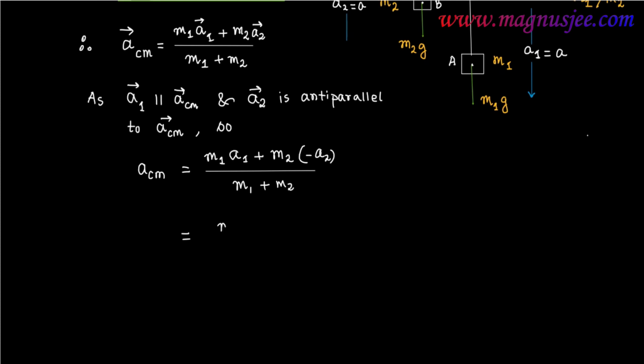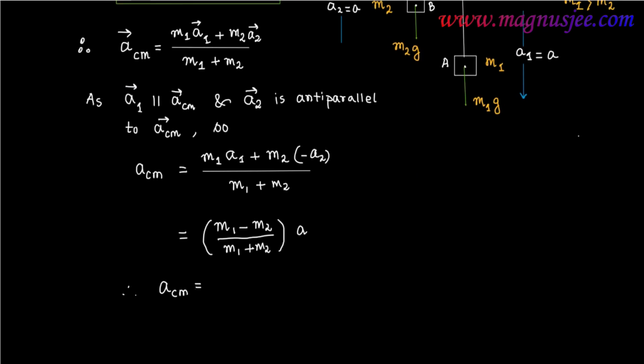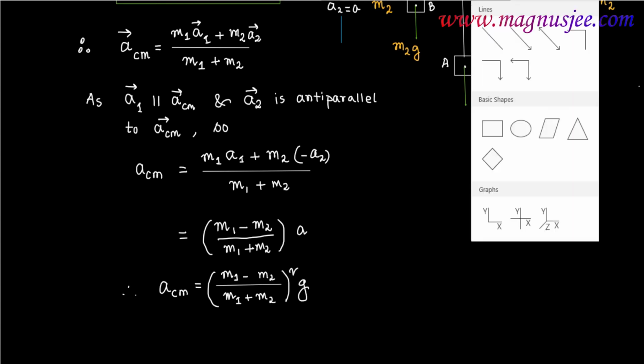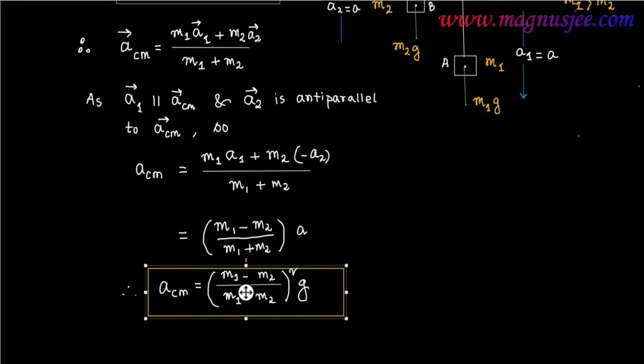Now putting the expression of A1 and A2, we finally get M1 minus M2 divided by M1 plus M2, into A. Now putting the expression of common acceleration A, we get ACM equal to (M1 minus M2 divided by M1 plus M2) whole squared, into g. That is the acceleration of the center of mass of a system in which two blocks are tied to two ends of a string which passes over a pulley.